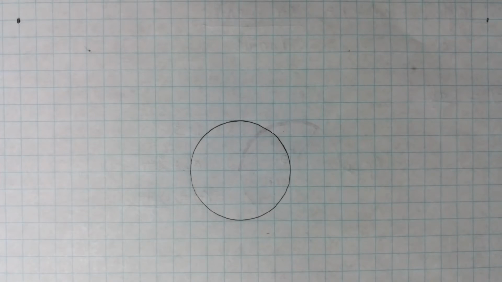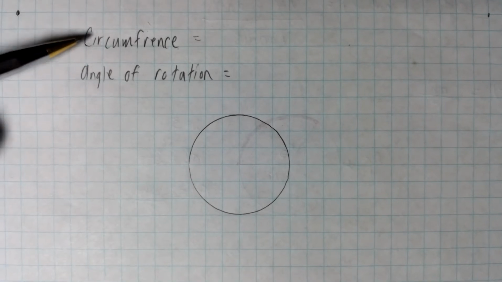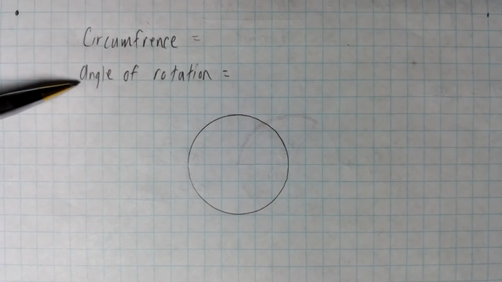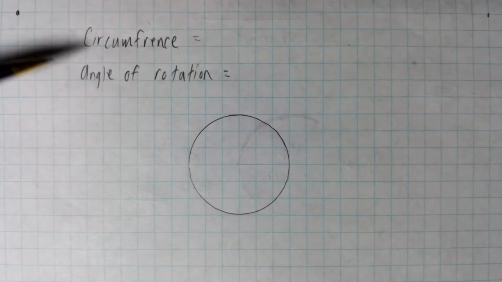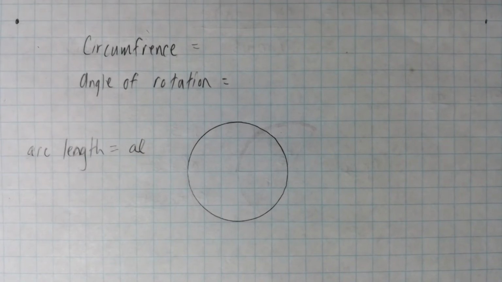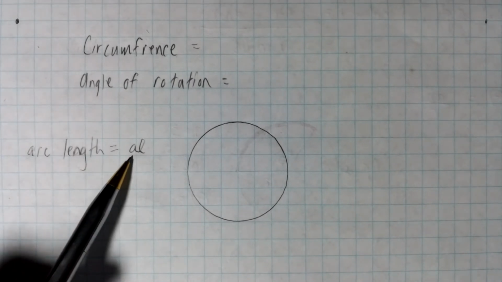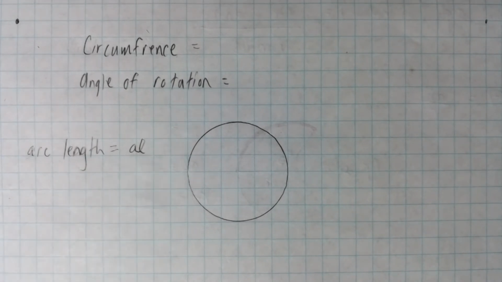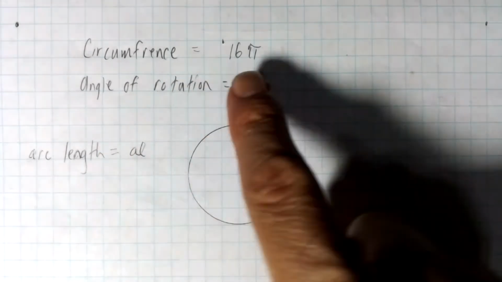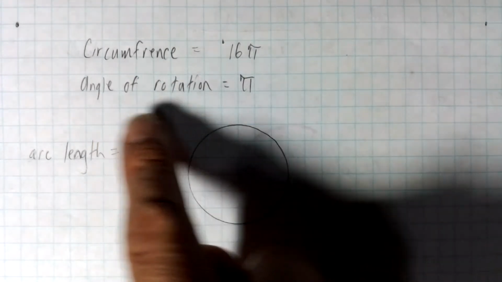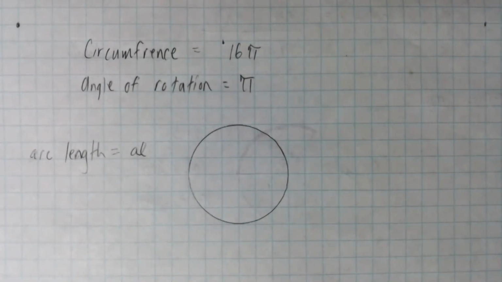Now for the more challenging problem of the quiz, I'm going to give you 2 things on a circle: the circumference of the circle and the angle of rotation in radians, and you will have to give me the arc length, or as I've been calling it, the AL. I'm told that the circumference is 16 pi and the angle of rotation is pi.